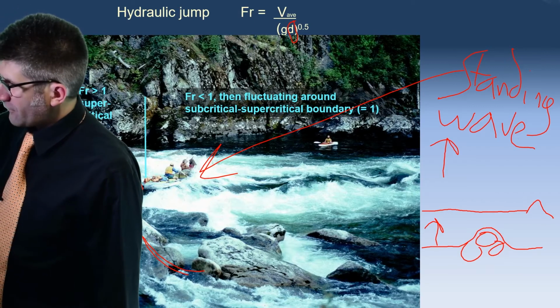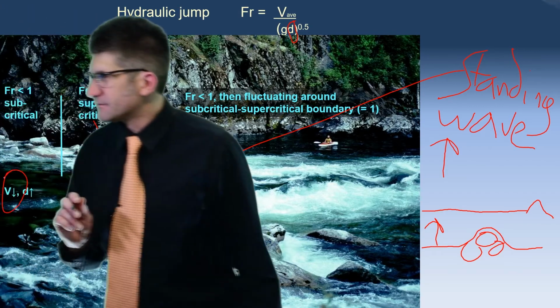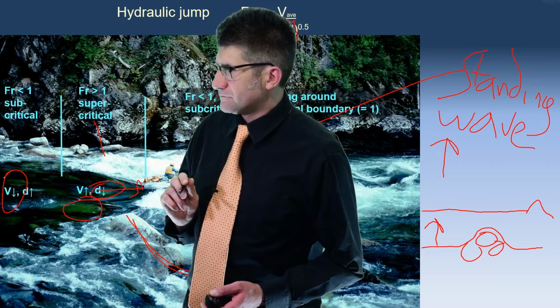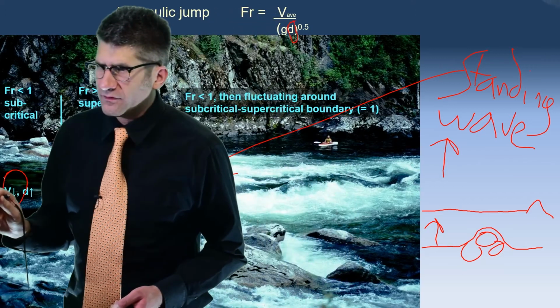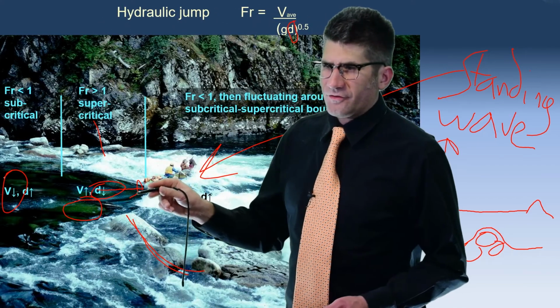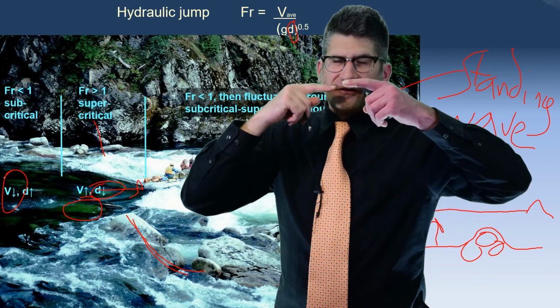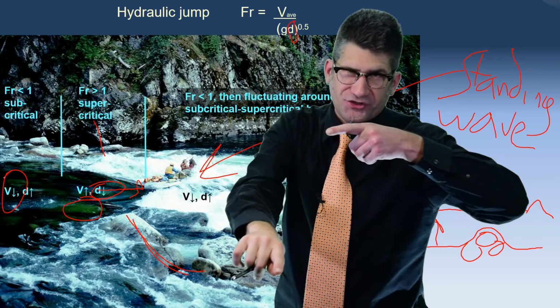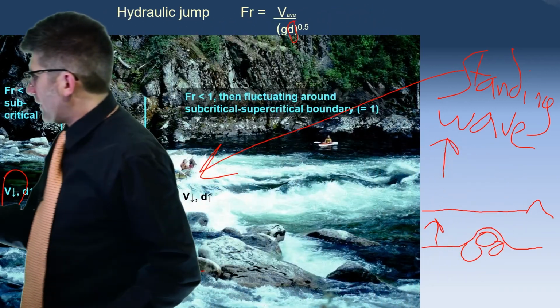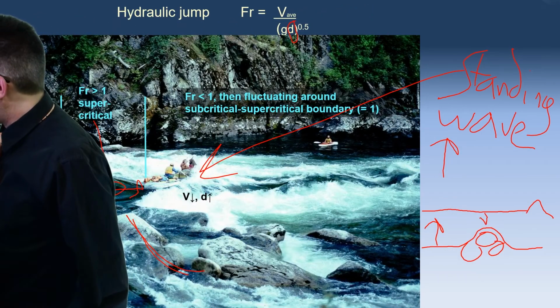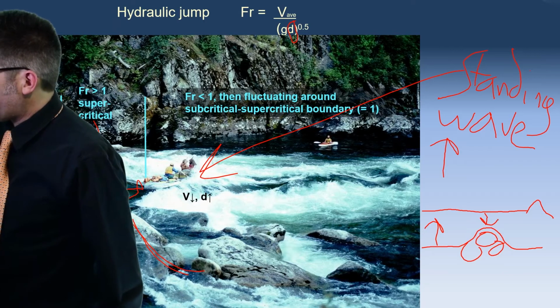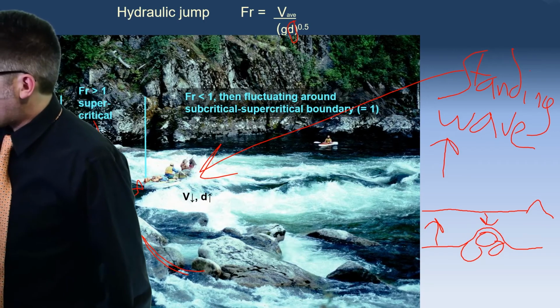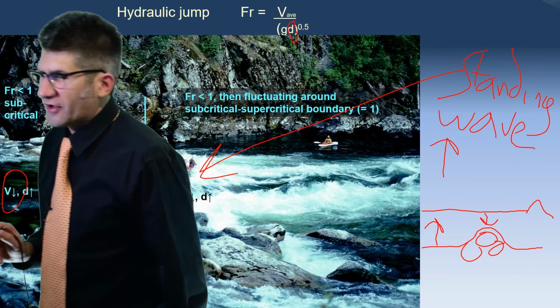Because of that, our velocity goes down. As we move onto the boulders, our velocity has to go up because that water still has to go through there. It can't get stacked up behind. The water behind it is pushing it down. And so here, our depth decreases, and as depth decreases, that velocity has to go up.